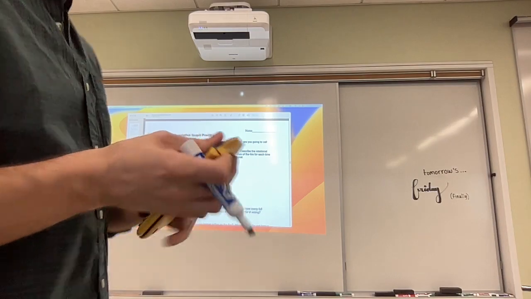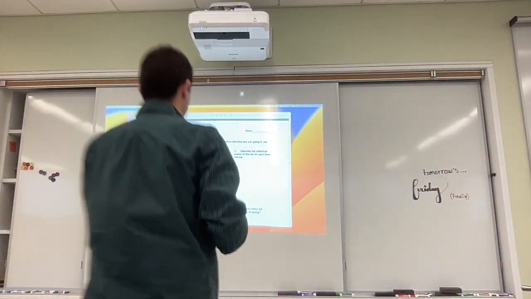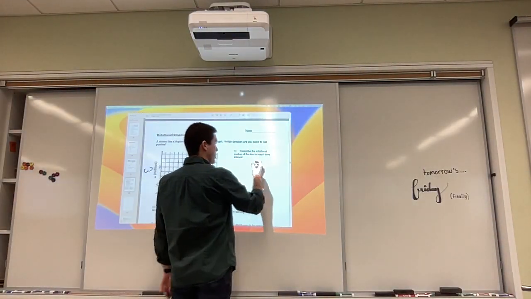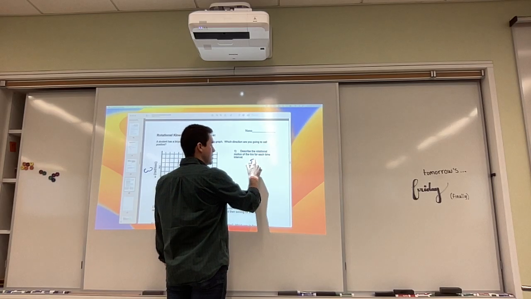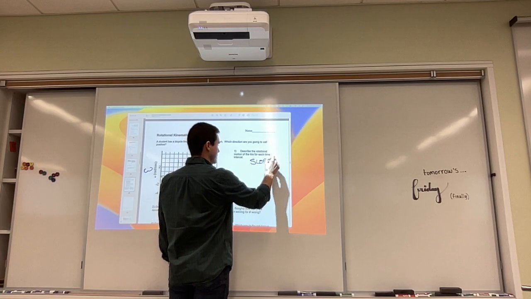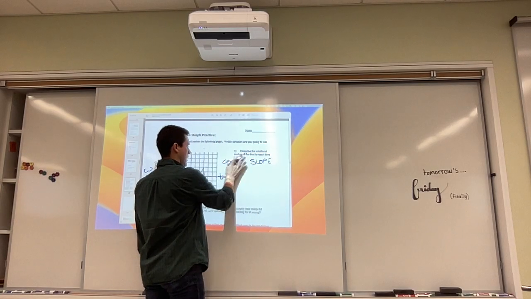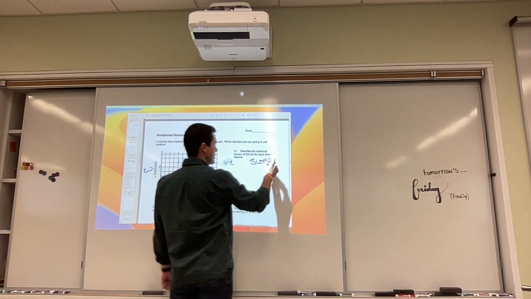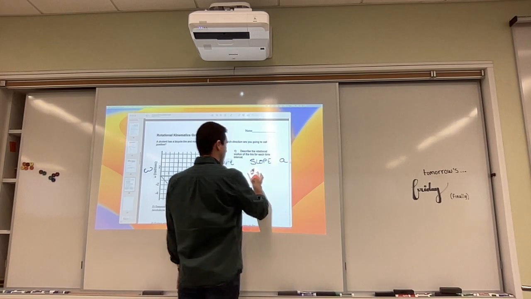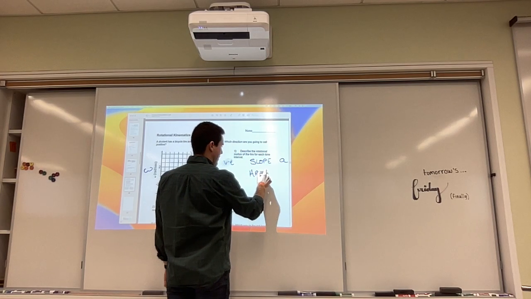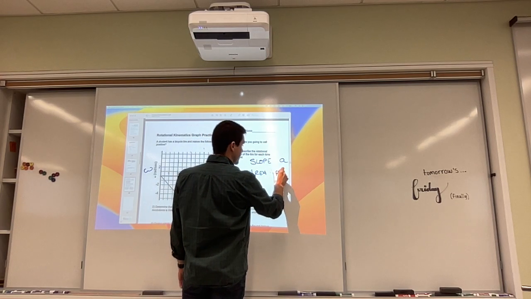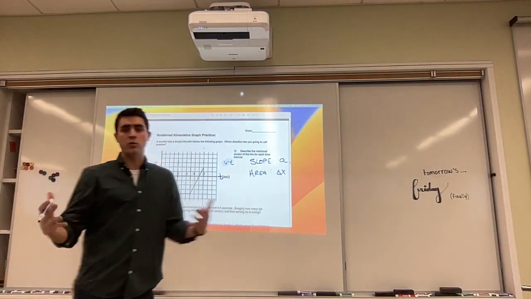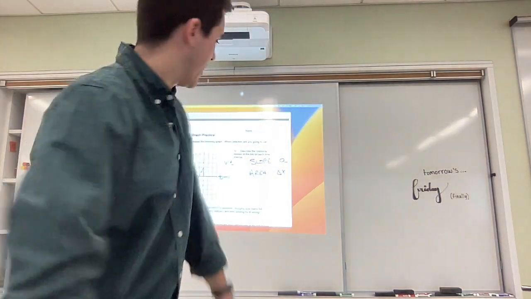Now, if we think back about our kinematic graphs, we had the idea that the slope of a VT graph was acceleration, and the area of that graph was displacement. That's what we were able to do with a VT graph.